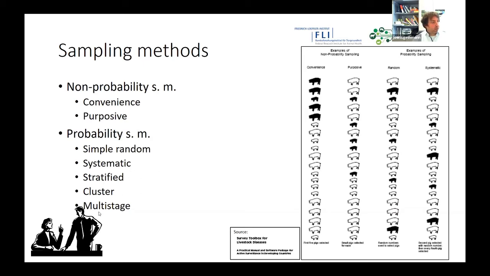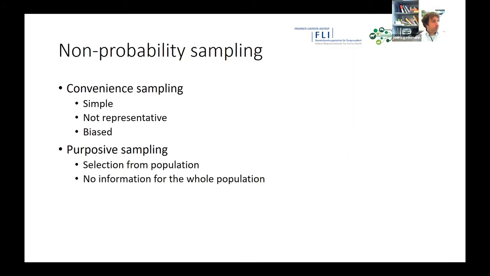And then we have stratified and cluster sampling and multi-stage. I will come back later to this. These are more complex sampling strategies. So convenience sampling is really simple. It's not representative, and often it is biased.